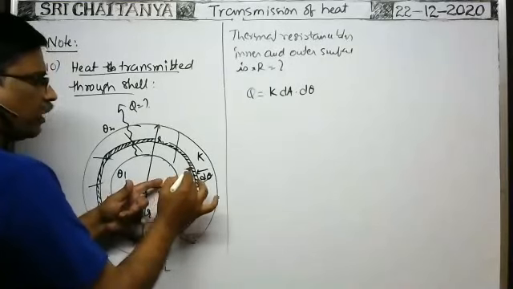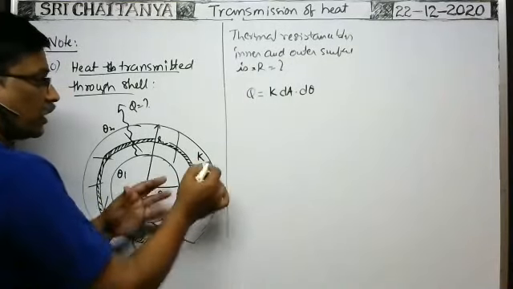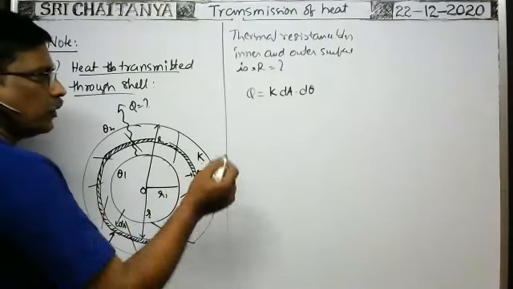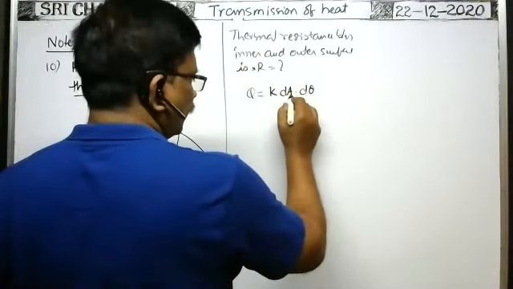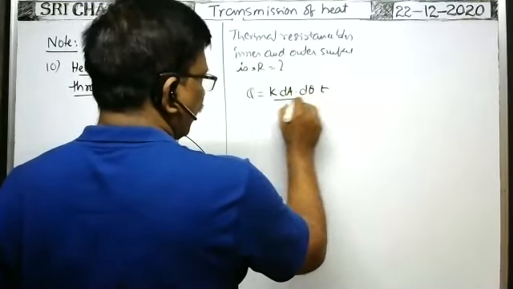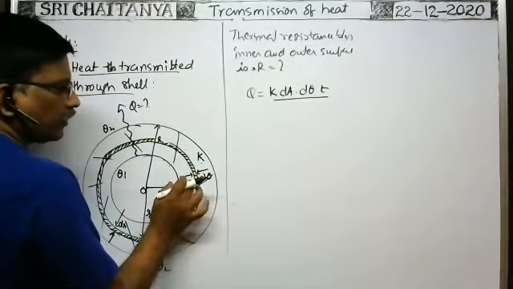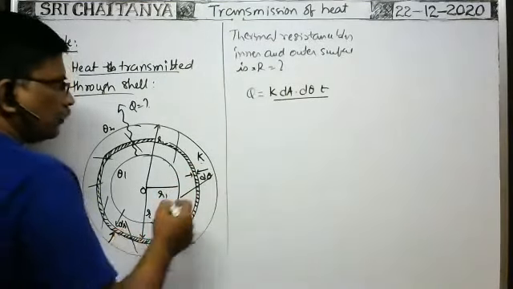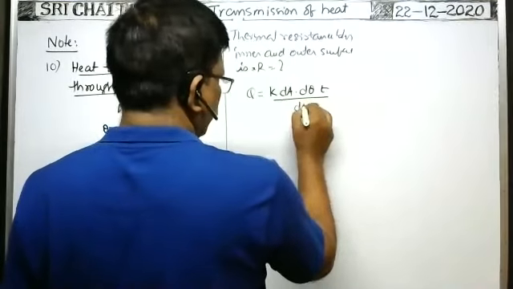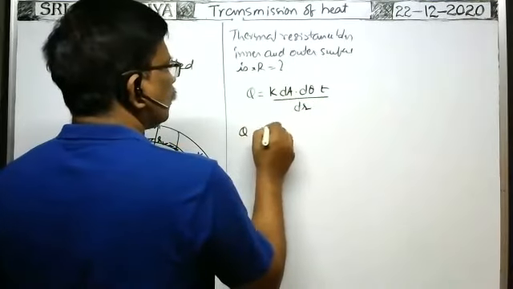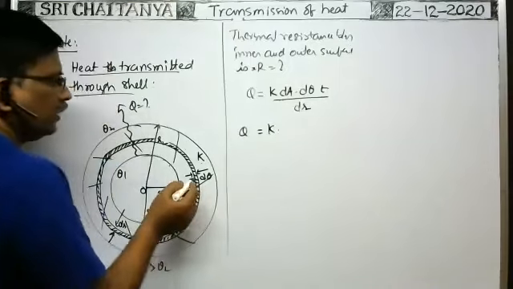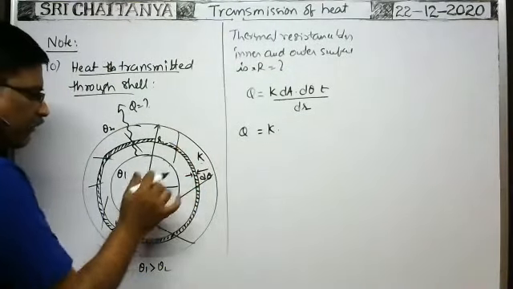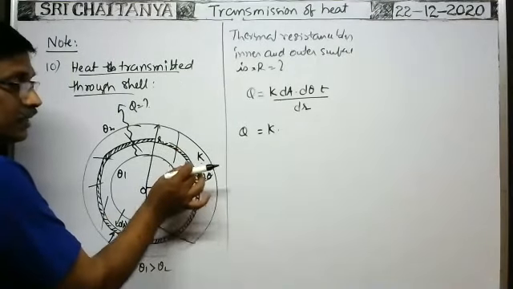The temperature difference changes from element to element now. The total temperature difference is theta 1 minus theta 2, but the temperature difference across the element is different, so d theta. Q is K A d theta by L, where L means the distance between the two surfaces of the element, which is dr. So you write dr. Q is equal to K into the area of the element.